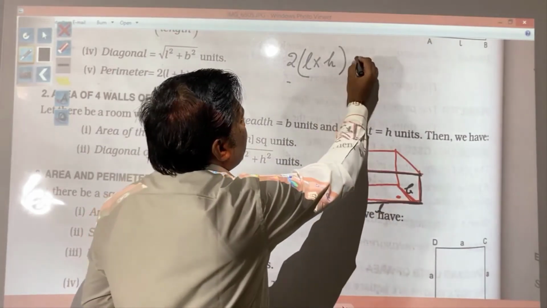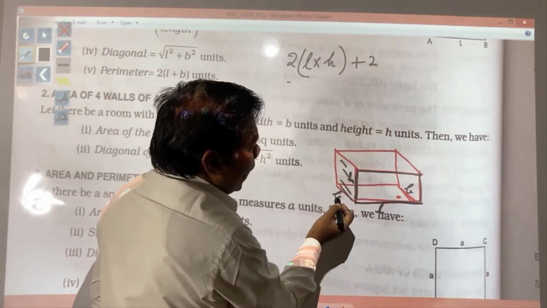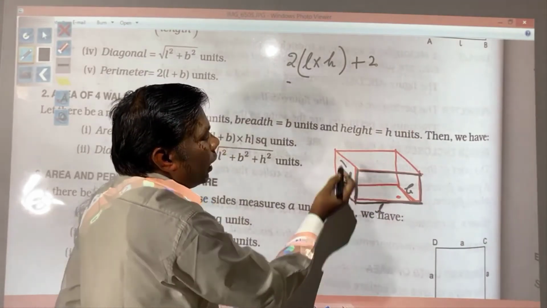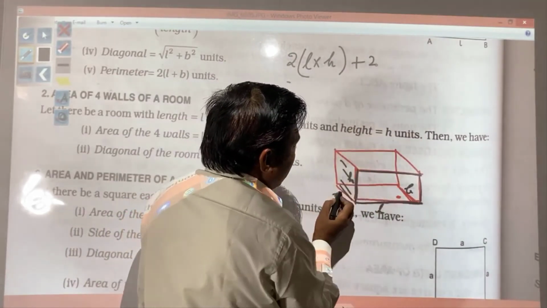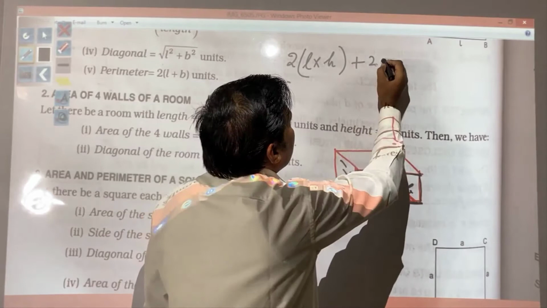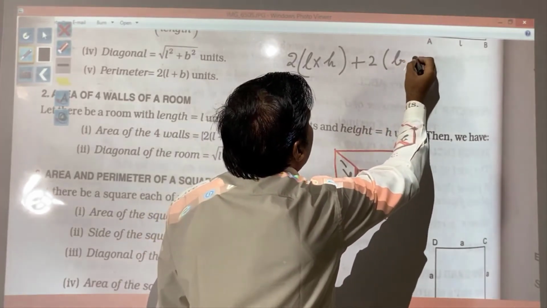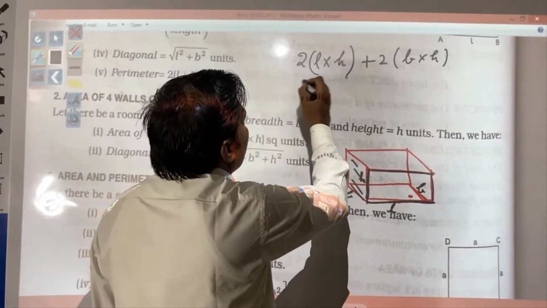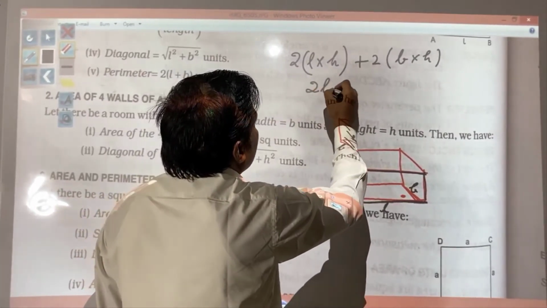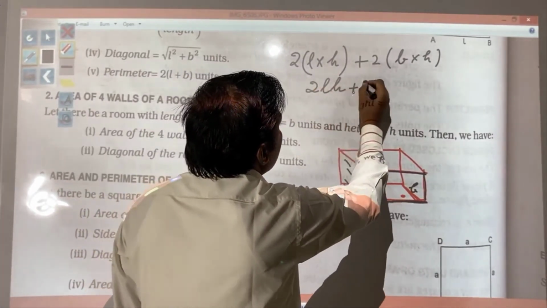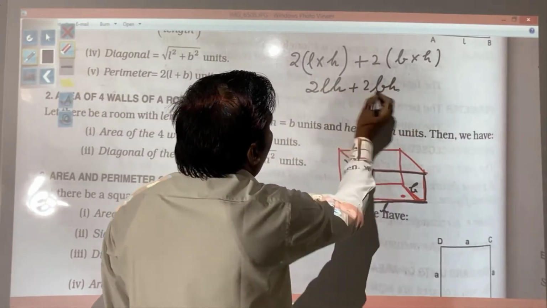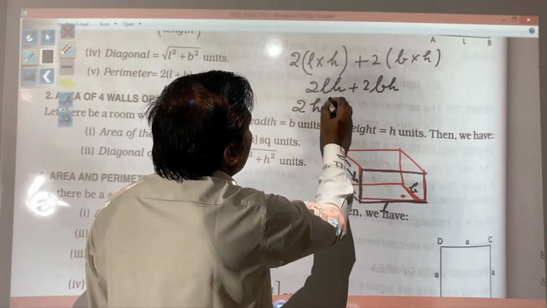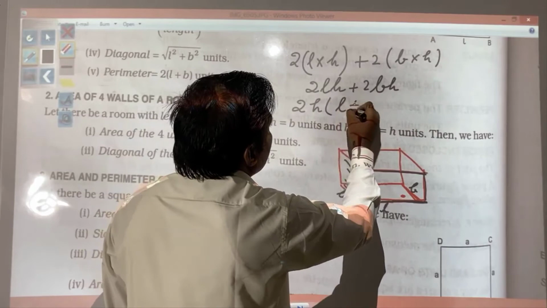So 2 times you will get B into H. Here what is common, just see, or write in this way so that you will understand better. 2LH plus 2BH. Common you have 2H. What will be left? L plus B.